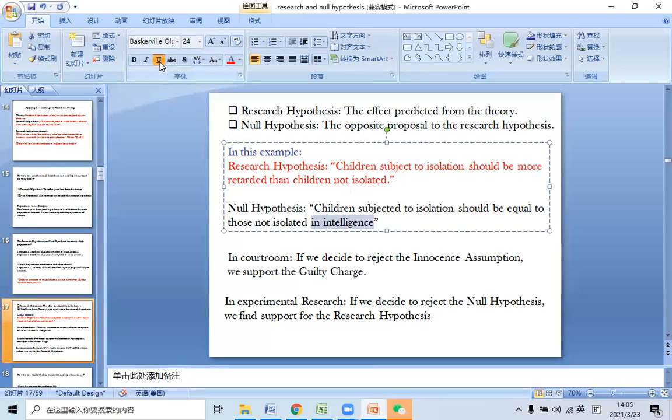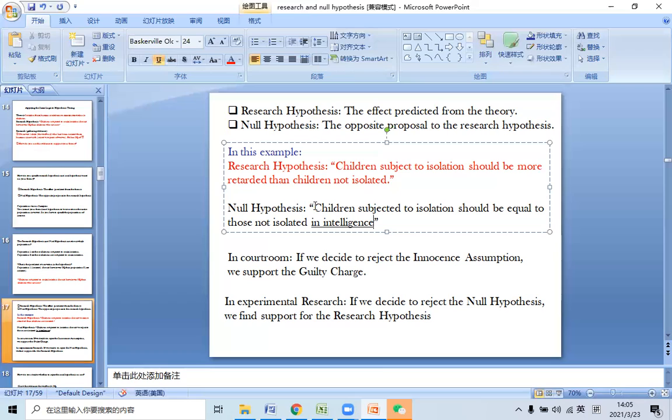In other words, the two populations should have the same intelligence. Socially isolated kids should be equivalent or equal in intelligence to those who are not isolated. That is the null hypothesis.